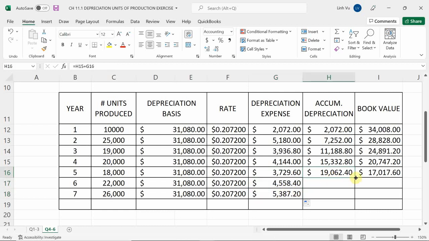Okay, my accumulated depreciations, right? You just add your previous to your current, right? So your previous of 19 plus the 4,000 gives you 23. And then your book value is just going to be the cost of the asset minus the accumulated depreciation, which will result like this. So now you're at $7,072 for your 7th year of depreciation.